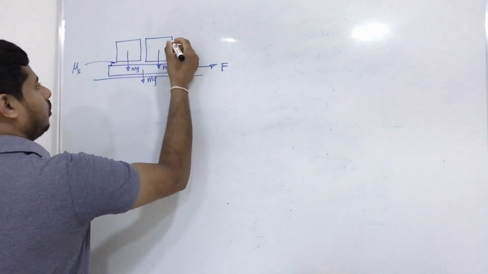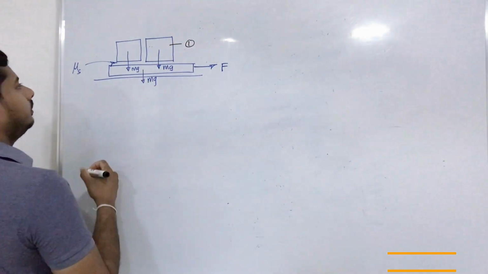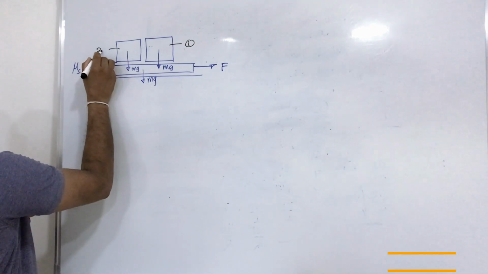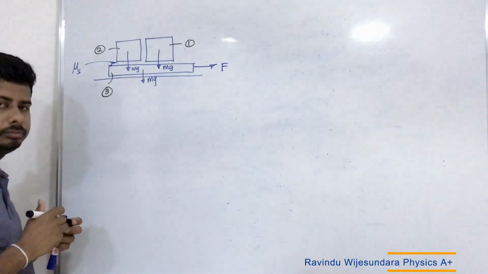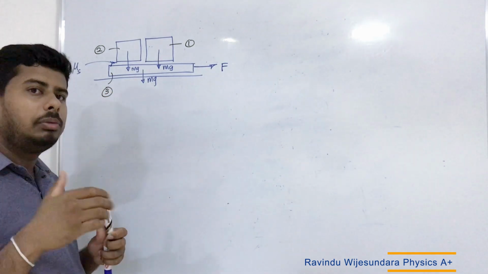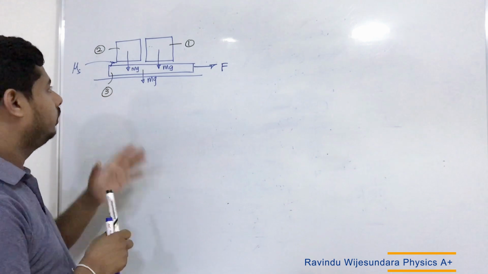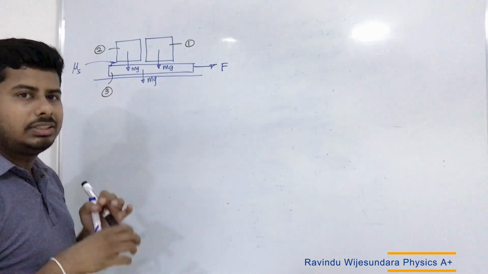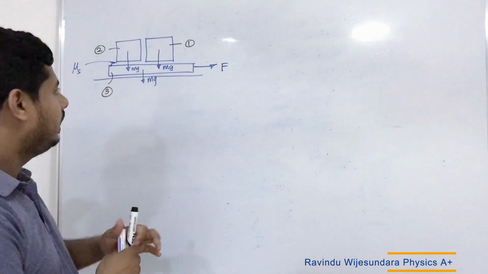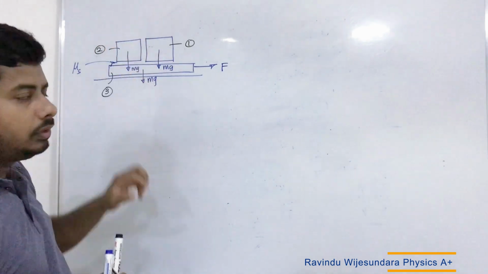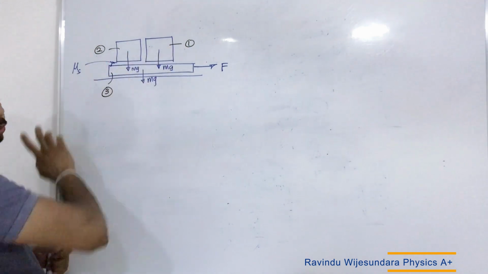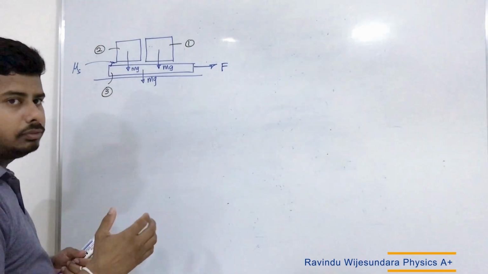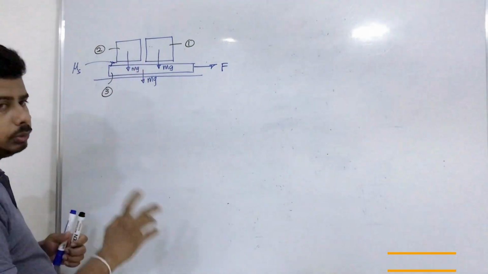I will take this object as my first object, this object as my second object, and this one as my third object. You don't need to mark all the forces acting on all three bodies, because this question is basically asking about the motion of boxes 1 and 2. So you just need to mark the forces of 1 and 2.